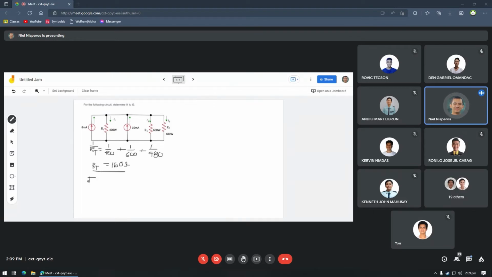Now our I total is equal to 6 plus 10, all in milliamperes, so we have 16 milliamperes. Total voltage, V total, is equal to IR.